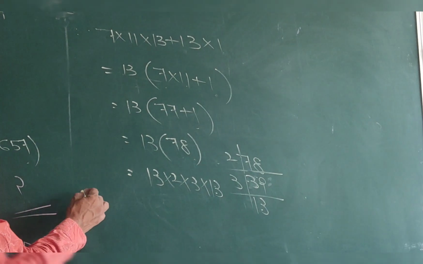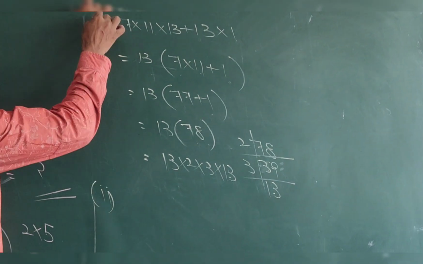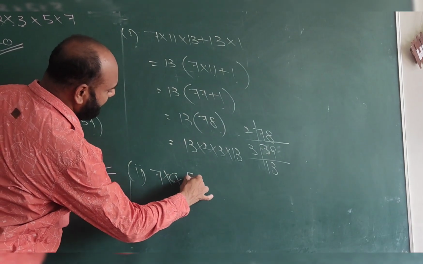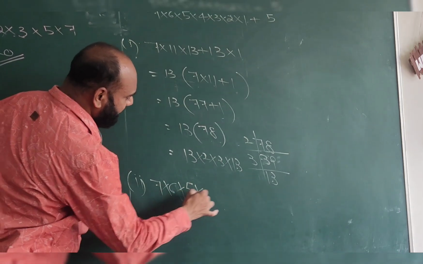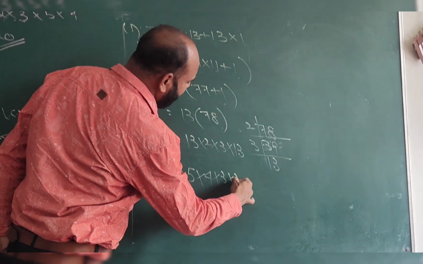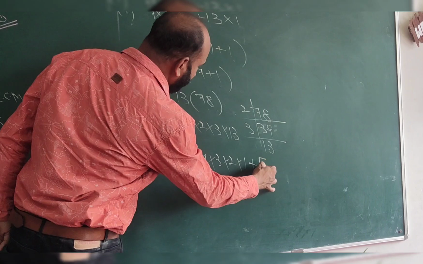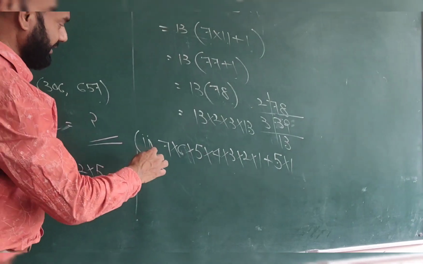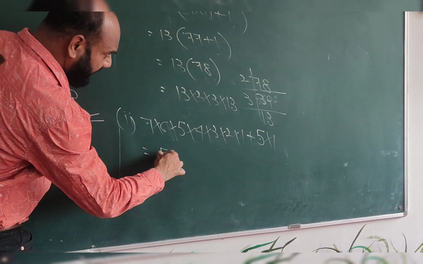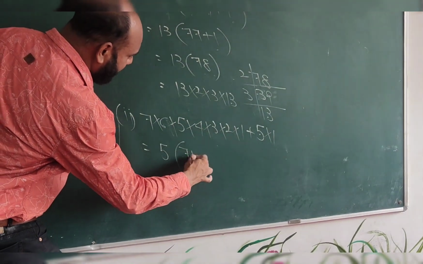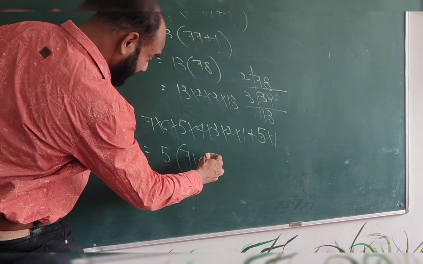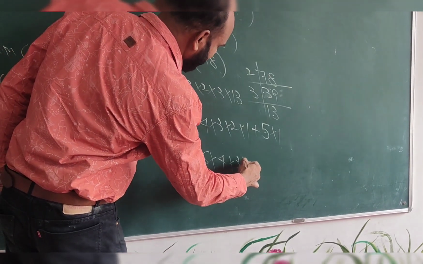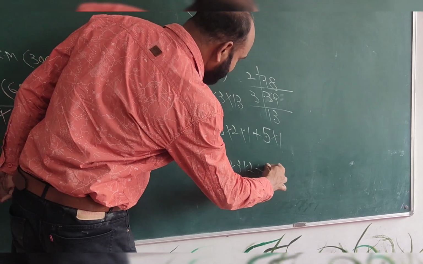The next question is its second part. 7 multiplied by 6 multiplied by 5 multiplied by 4 multiplied by 3 multiplied by 2 multiplied by 1 plus 5. And 5 can also be written as 5 multiplied by 1, and in these two terms 5 is common. The remaining term can be written as 7 multiplied by 6 multiplied by 4 multiplied by 3 multiplied by 2 plus 1.